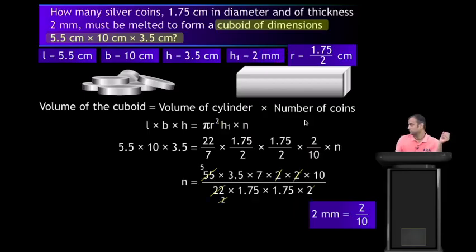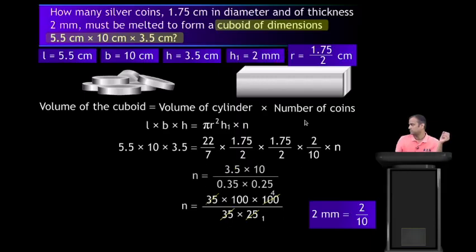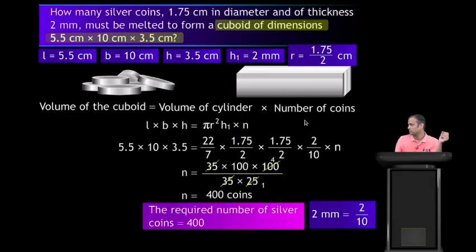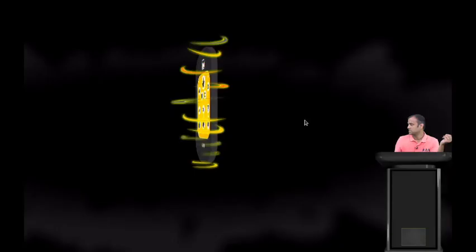Then after solving we will get the answer, and that is 400 coins. So what is the number of coins? It is 400.